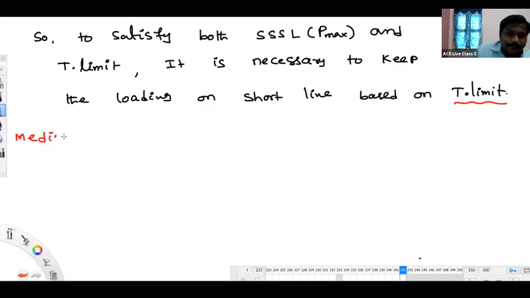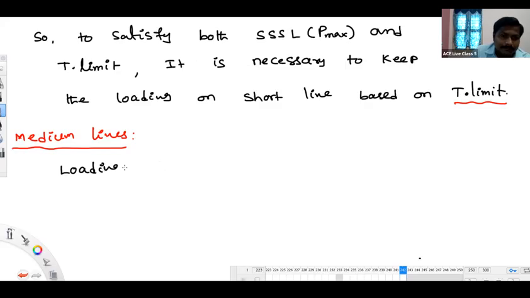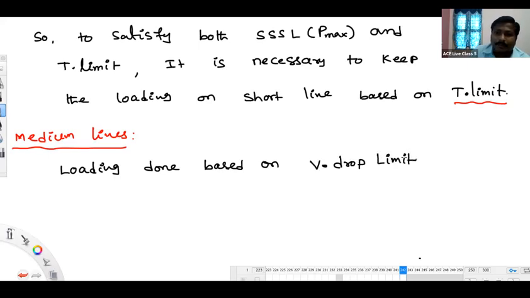Next, medium length of lines. See, for medium transmission lines, loading is done based on the voltage drop limit.